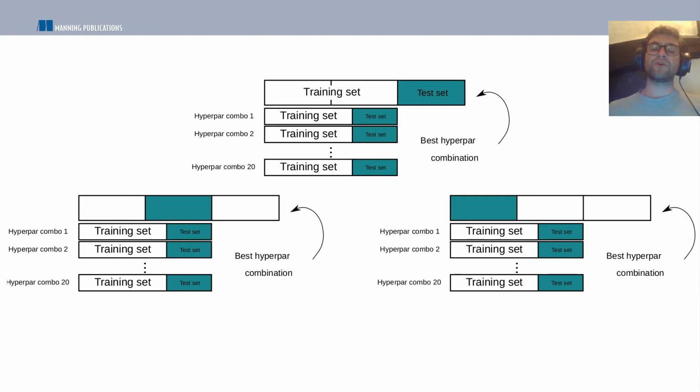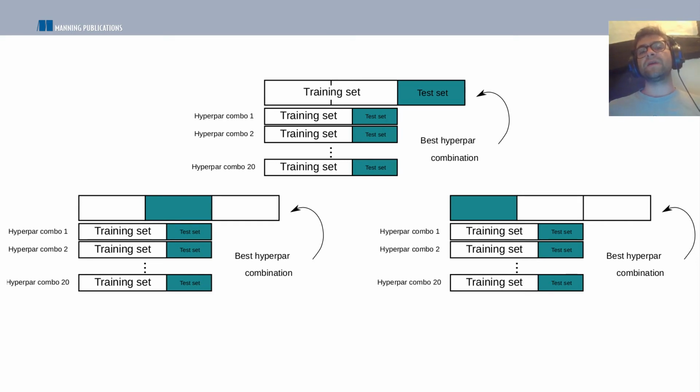And sometimes what people will also do is they will have a third set or partition of their data set that they will call the validation set. And what they will do is they will train their model using the training set, perhaps using one combination of hyperparameters or some kind of settings or options for their model training process. They'll train that model in their training set, and then they'll evaluate it on the validation set.